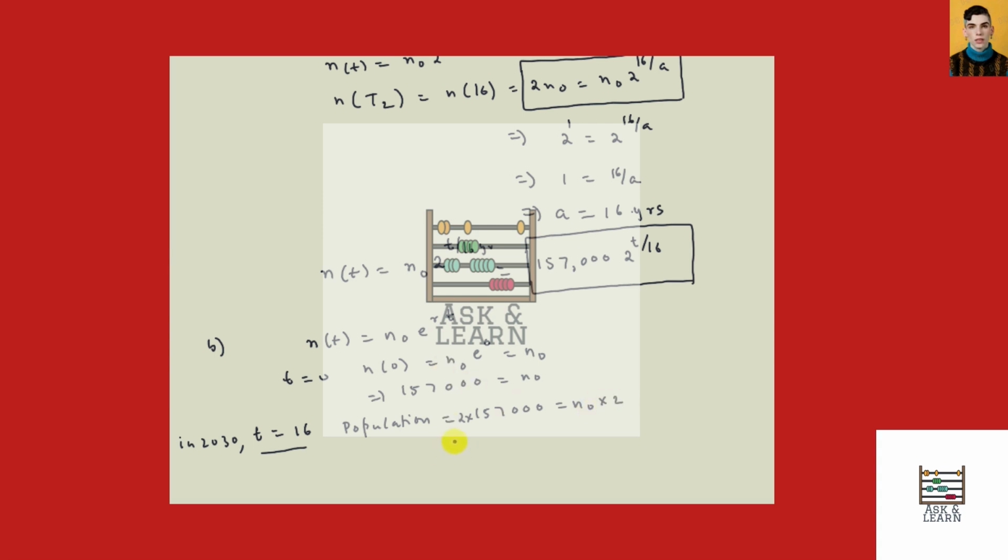So we'll get the equation N(16) is equal to 2 times N naught, which is N naught into e to the power 16r.